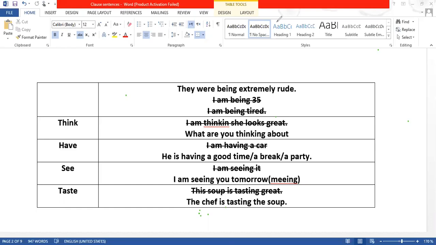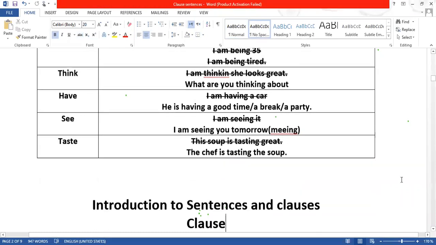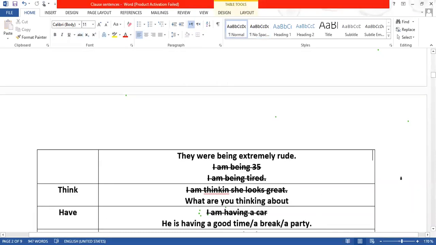But yes, in a different sentence, for example, if you say the chef is tasting the soup, I mean at that particular time he is doing it. Are you tasting the soup or eating it or drinking it? If you are talking about that particular time action, then it can be used that way. Do you understand this one?